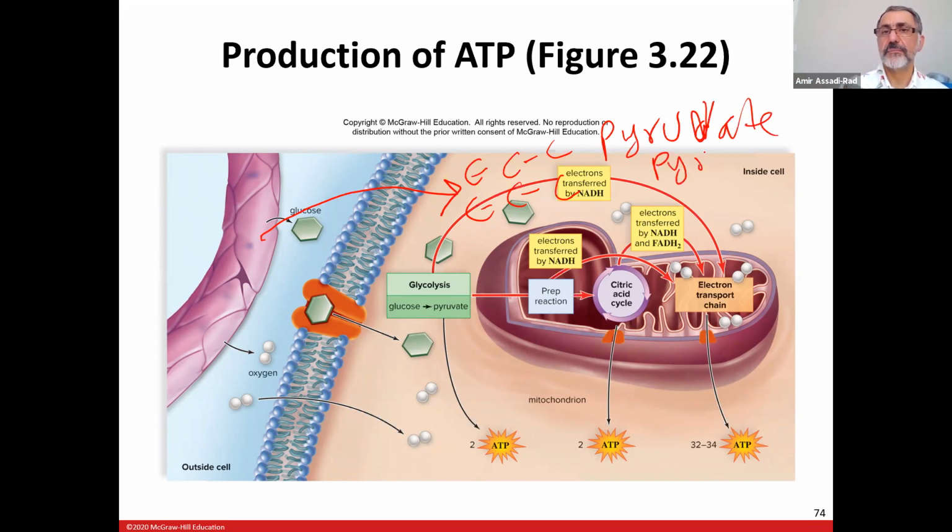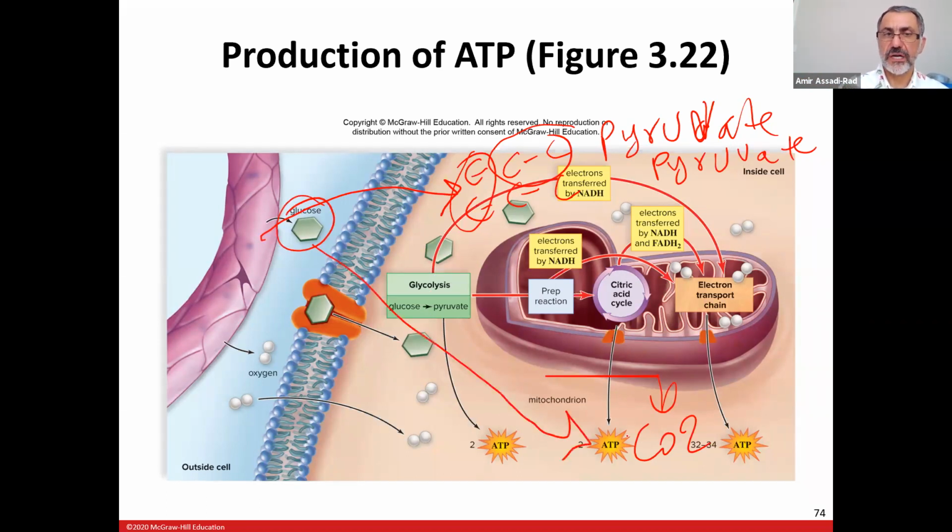That pyruvate goes into mitochondria and eventually all of these carbons break down and end up as carbon dioxide. Okay, pretty much, that's in a nutshell. And when that sugar molecule ends up as carbon dioxide, you get a lot of ATP from it. I hope I'm making some sense.